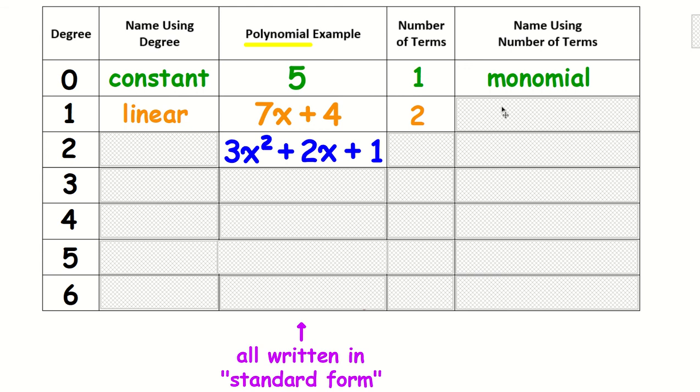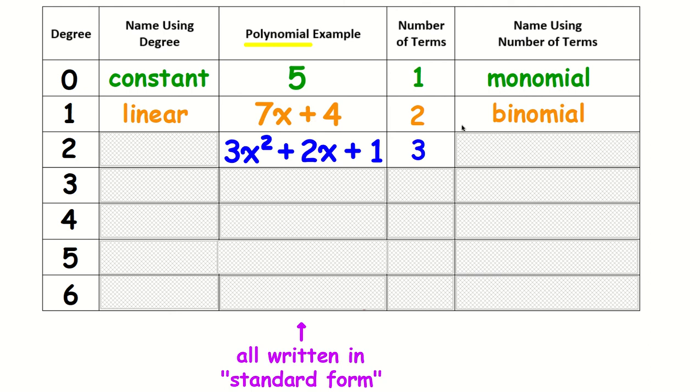If there's 2 terms, we can call it a binomial. Think of how many wheels on a bicycle. A bicycle has 2 wheels. So binomial, 2 terms.